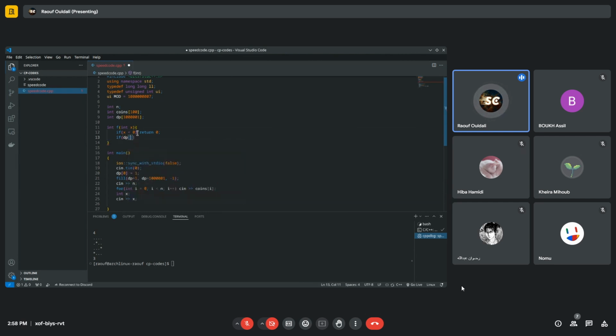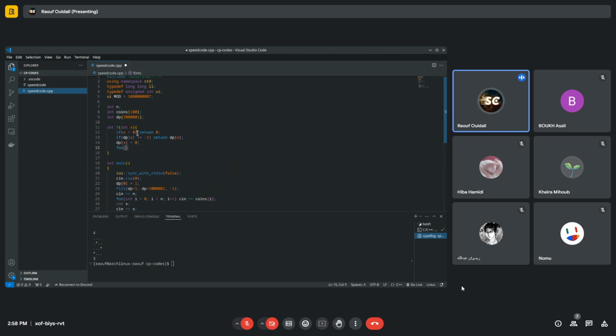If dp of x is different from -1, we return dp of x. Else dp of x gets 0, and we add f of x minus c1, minus c2, and so on to the end.